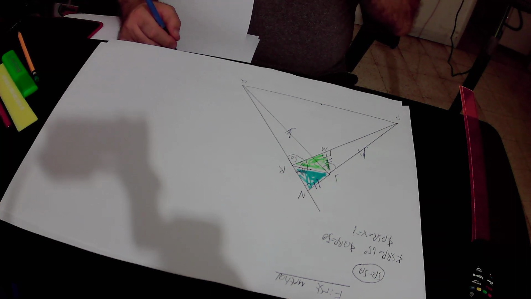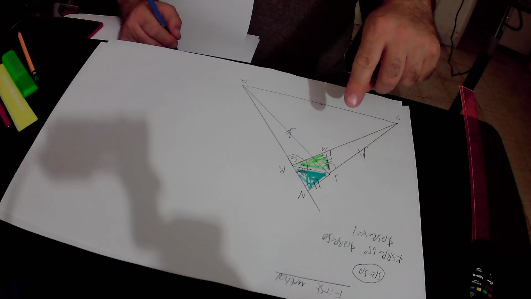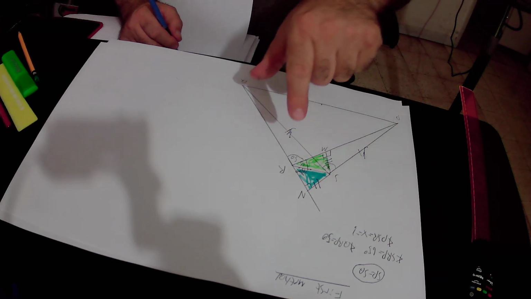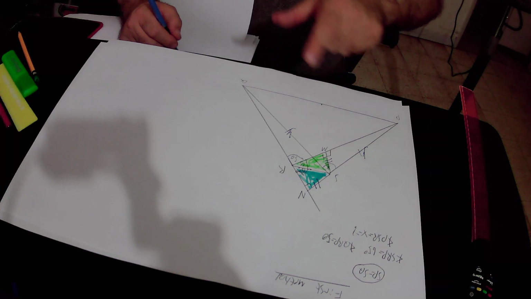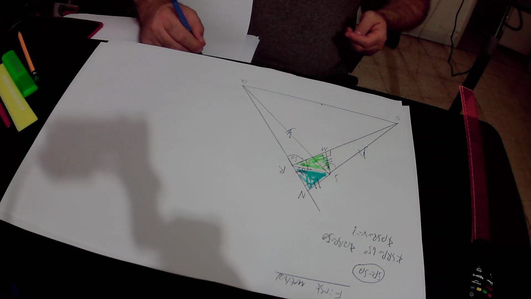We know that according to the Pythagoras theorem, SN squared plus NQ squared will be equal to SQ squared. I will repeat again.